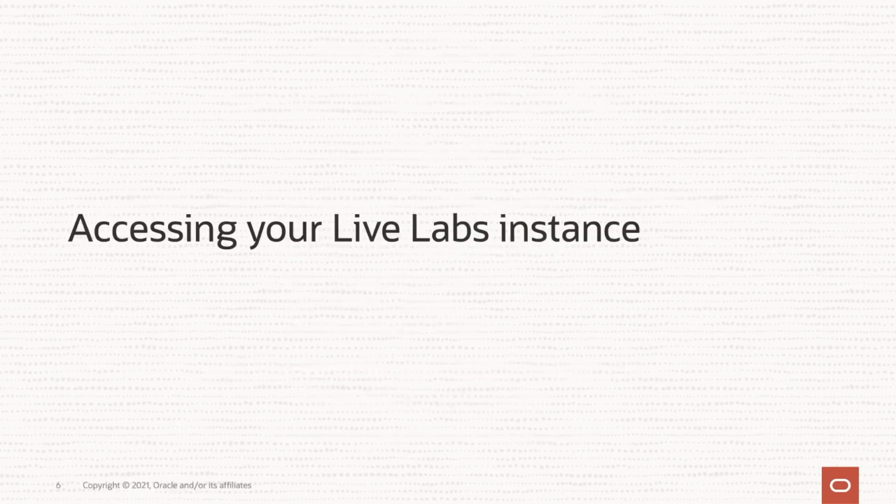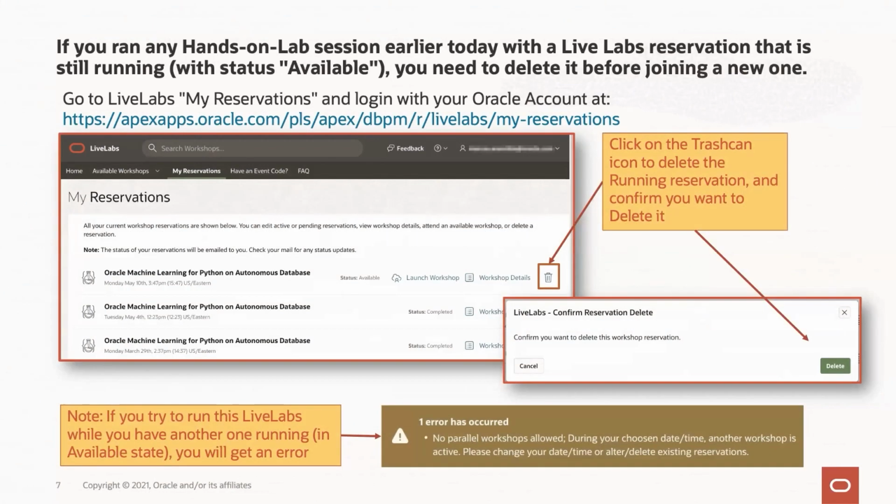So let's start by getting you access to your Live Labs instance. The first thing we need to check is whether you were already running any instance before joining us right now. If you were using Live Labs, or if you have a reservation up and running, you will need to click on the trash can in your My Reservations tab.